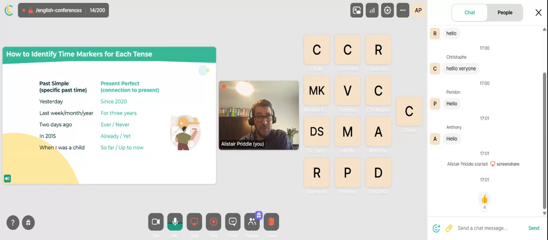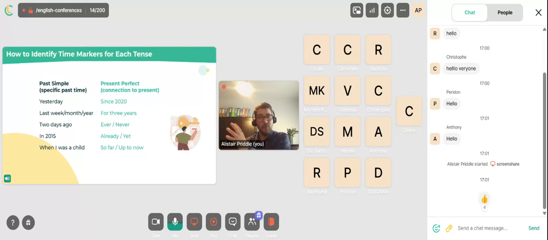If we want to talk about the past and use that word last, it's going to create a past simple moment. 2 days ago. We talked about ago. In 2015. So anytime we want to talk about a specific year in the past, the action must be in the past simple, as opposed to the present perfect. The last one is the word when. When I was a child, when I was at school, when I was young. This creates a completed moment in the past.